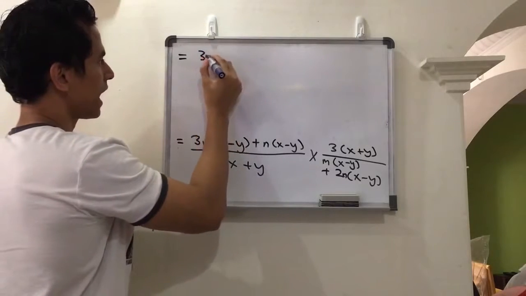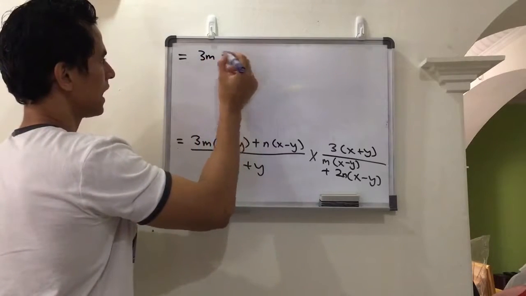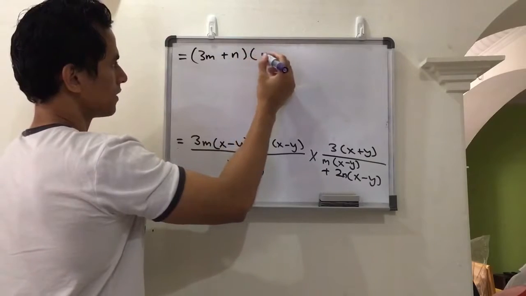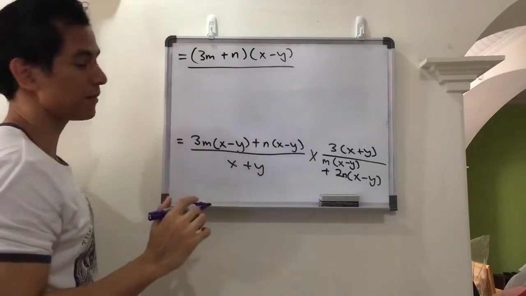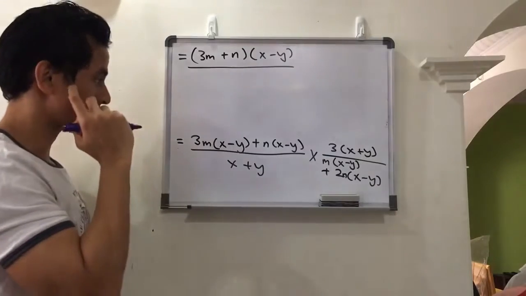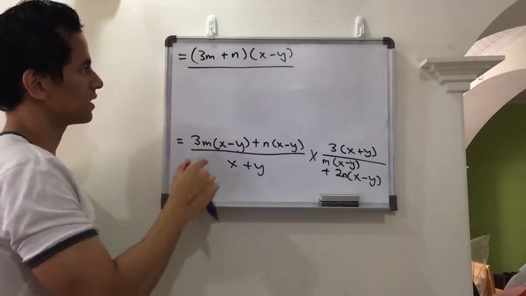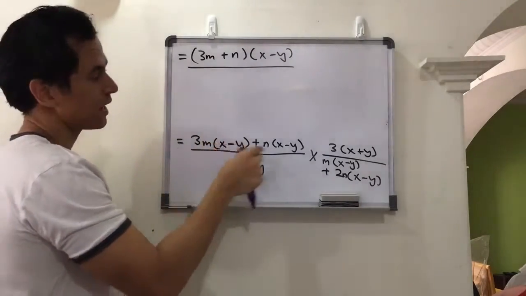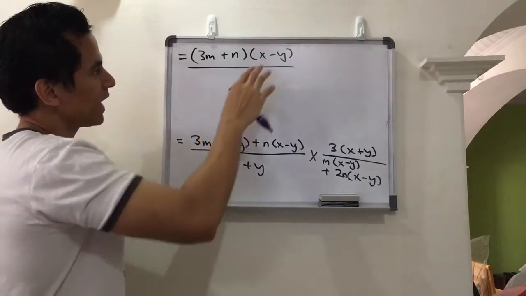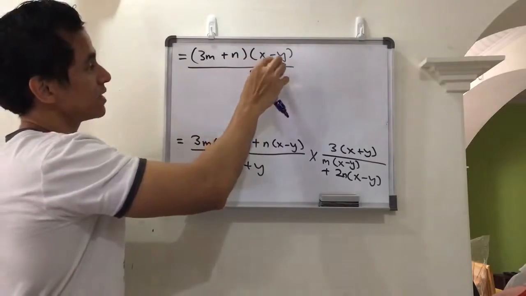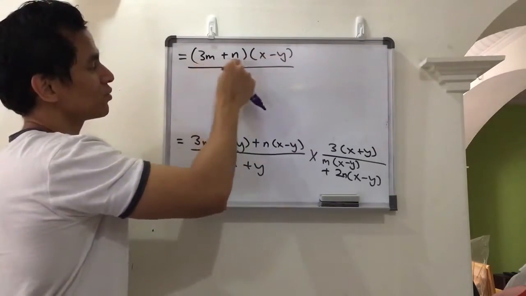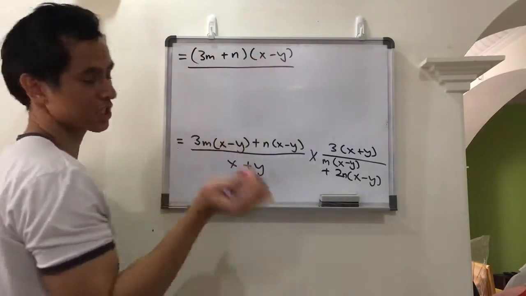I'll just say (3m plus n)(x minus y). Okay, so this is a really important step to take note that we are able to do this, because here we have x minus y and here we have x minus y. So in a way, x minus y is being multiplied with 3m and n, right? So x minus y is being multiplied by both these two terms. So I can also rewrite it as such.